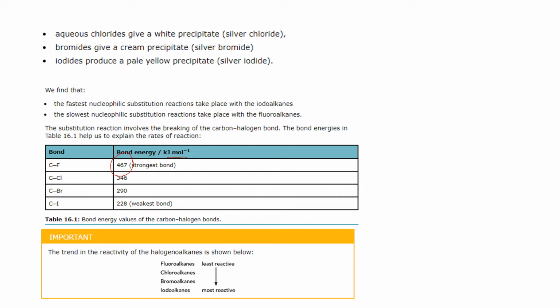As we can remember, fluoroalkanes are less reactive and iodoalkanes are most reactive because of the strength of the carbon-halogen bond getting weaker from fluorine to iodine.